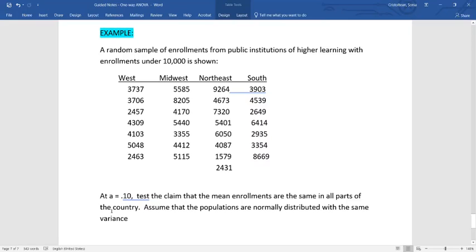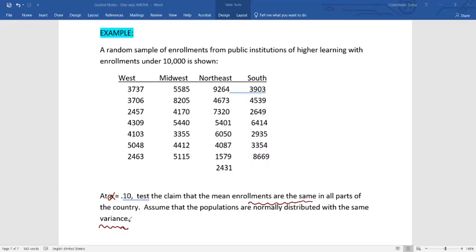At alpha equals 0.10, test the claim that the mean enrollments are the same in all parts of the country. Assume the populations are normally distributed with the same variance.